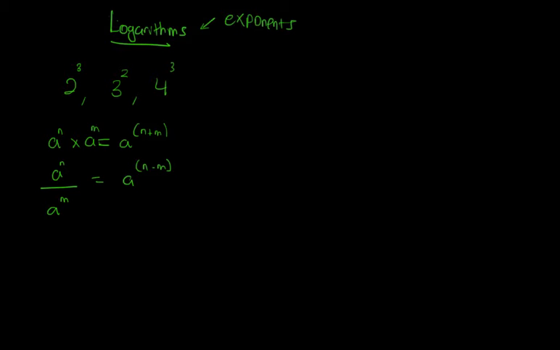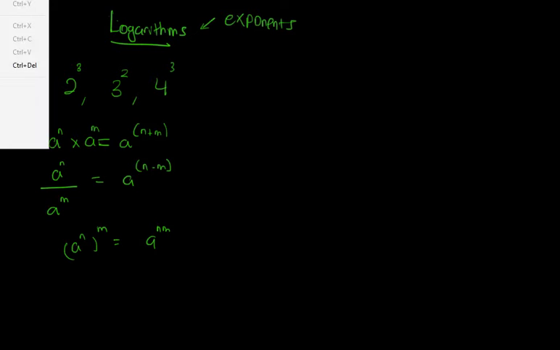I hope this all makes sense to you and it's nothing new. And one more: a to the n, to the power m, should be a to the n times m. I hope you know most of this, and I don't have to go over it too much. So let me clear this for a second.